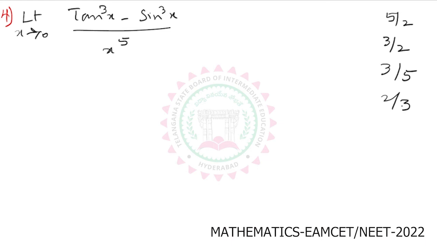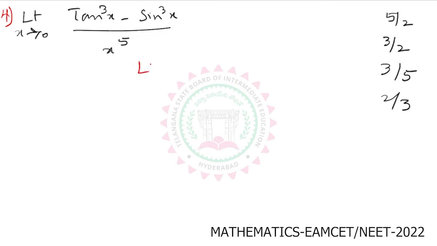So there is a standard shortcut formula. There is a shortcut formula, you remember this. So in such type of question, directly you can apply the formula and get the answer without simplifying this. What is the formula?